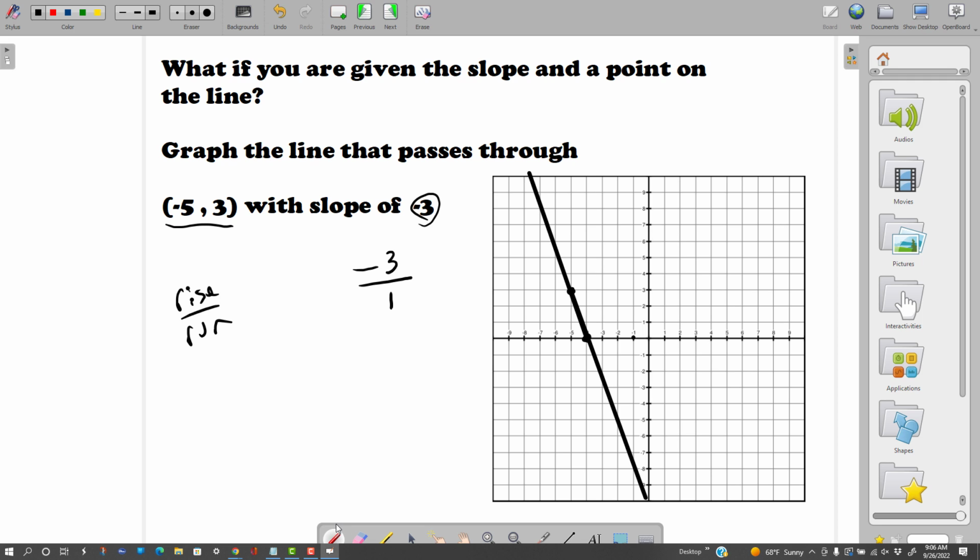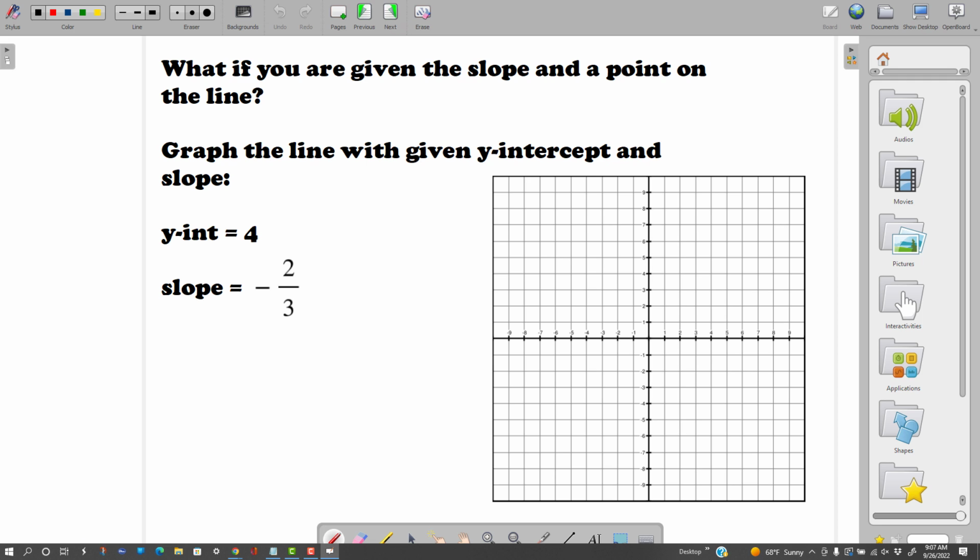That would look something like that. Again, given my starting point and a slope value, also remembering that any integer can be written over 1, using rise over run, and going down 3 and forward 1 from my starting point.